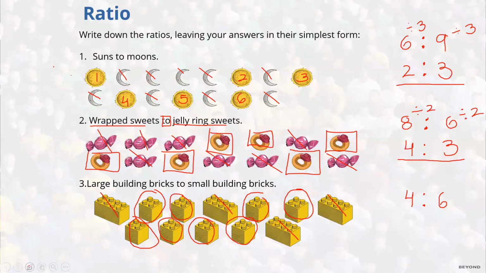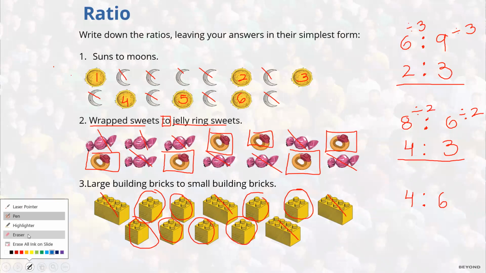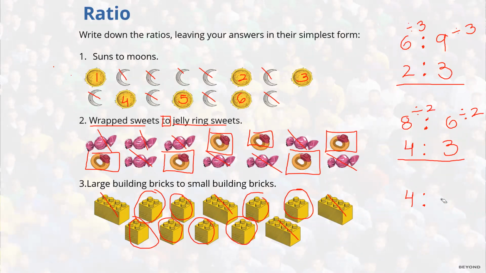I was counting too fast. Okay, simplify it for me. Wait, let me change it to 8. It's supposed to be 8.